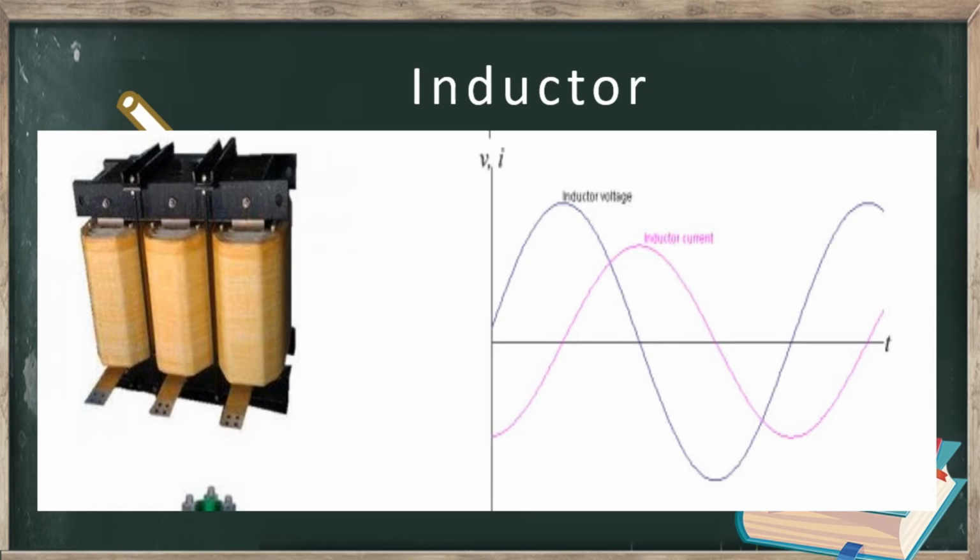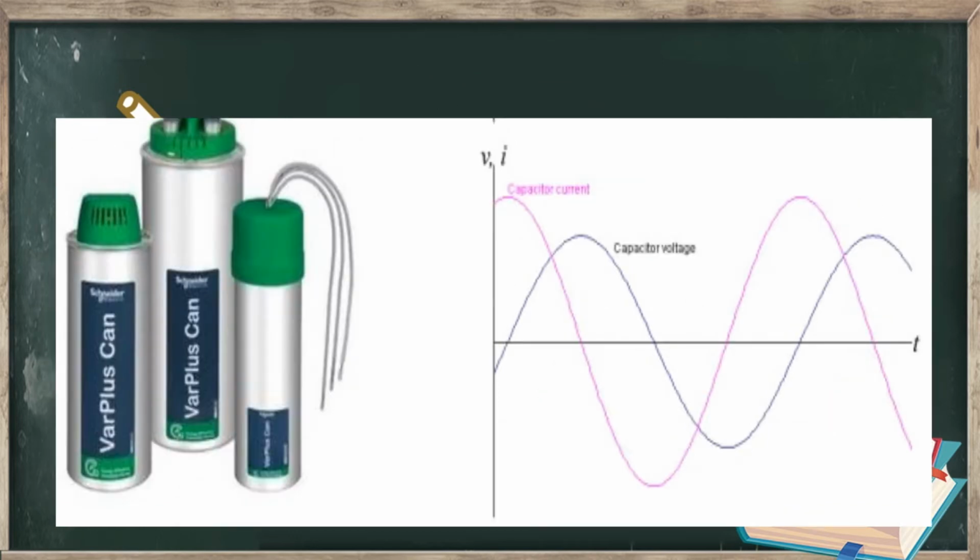So there is a slight phase angle difference between inductor voltage and inductor current. For the capacitor, the current finishes its cycle first compared to the voltage. In other words, the current is leading the capacitor voltage.